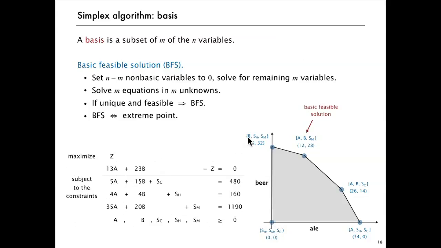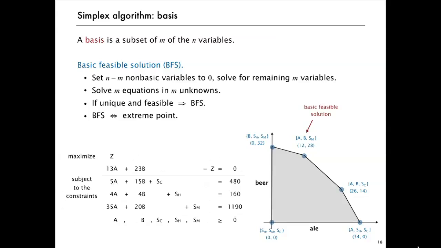If a is in the basis and sh and sm are in the basis, then b is 0, and then if you solve for the 3 equations, you get that a equals 32, and so forth. So basic feasible solution is, if you have m constraints, it's a subset of size m, so that you have an m by m system of equations to solve, assuming the others to be 0.